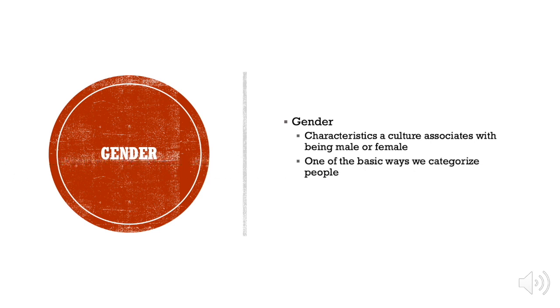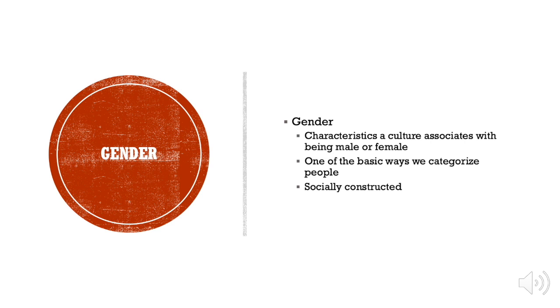Gender is socially constructed, which means that by itself it has no meaning. It is something that we have assigned meaning to, and it only means what we decide that it means. So different cultures have different ideas of what it means to be a man and what it means to be a woman.